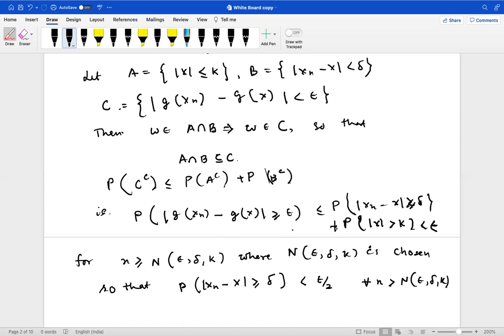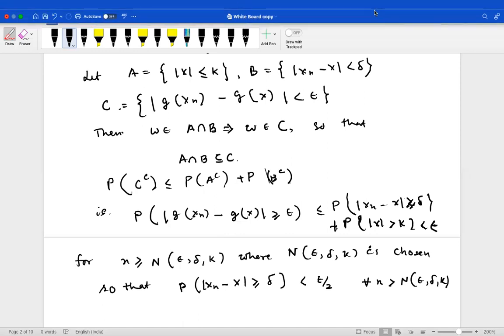So that means this converges in probability to 0. That is, g(Xn) tends to g(X) in probability.